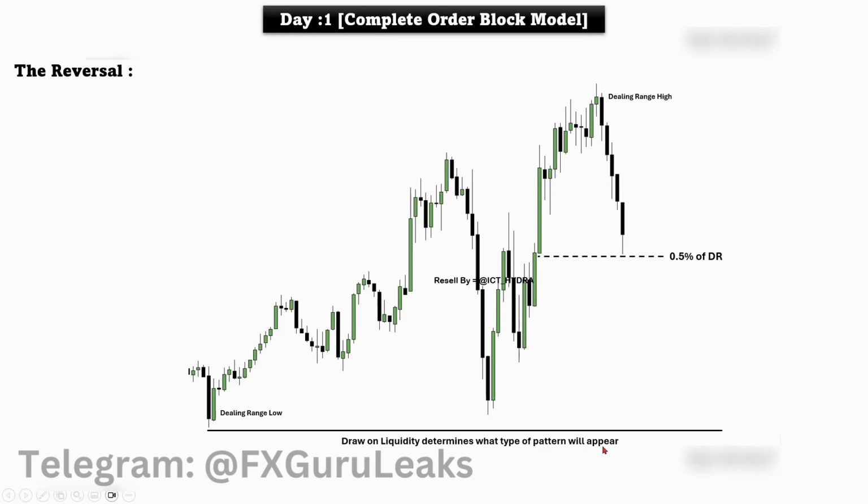If the pattern is going to be a reversal pattern or a trend continuation pattern, it totally depends 100% on where the DOL is. If the DOL is towards sell side, then the pattern will appear as a reversal, right? How do you know that price will deliver below sell side?